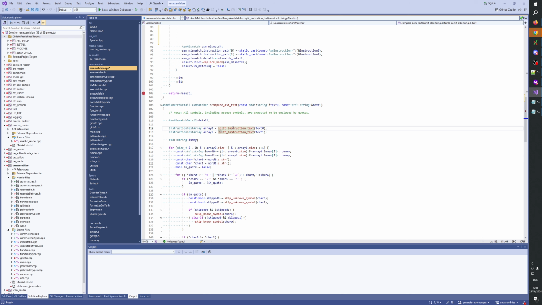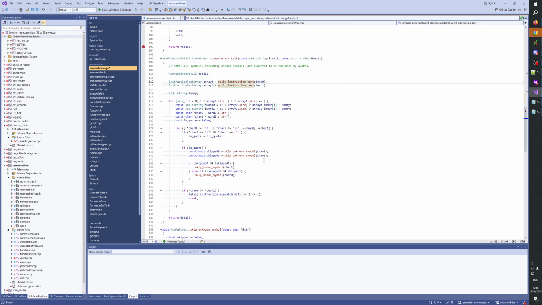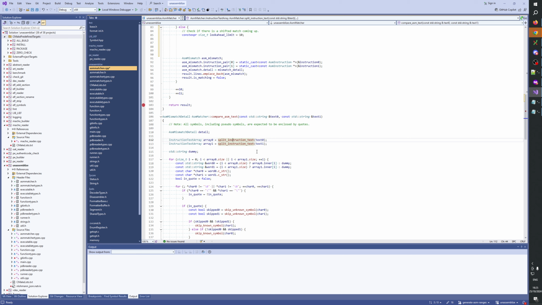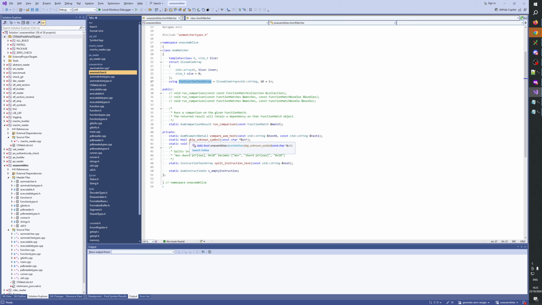This is quite a bit expensive. What is in here? Sizable array. Yeah.